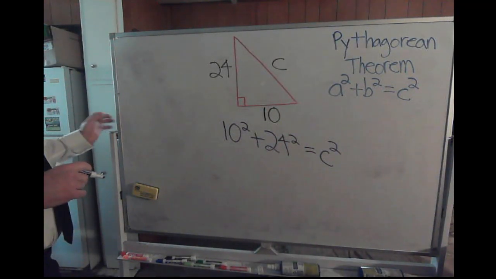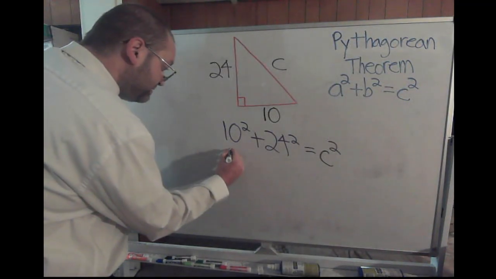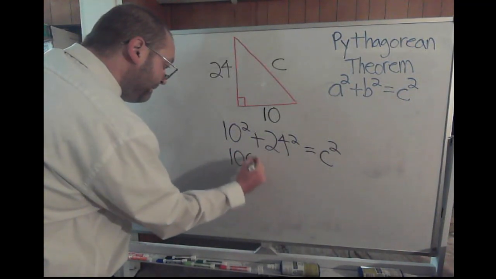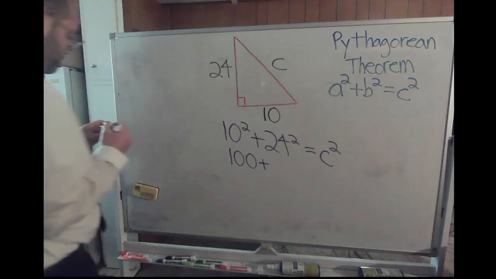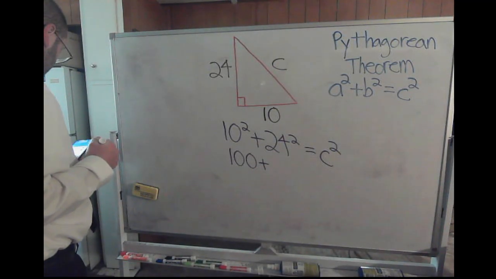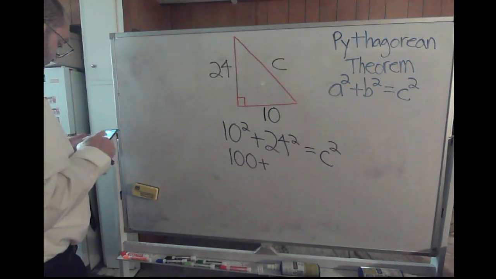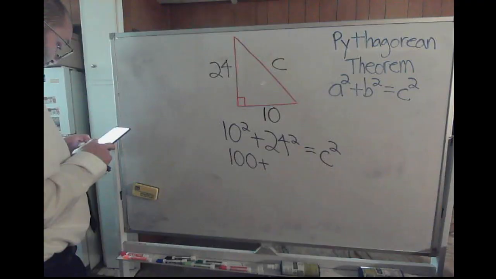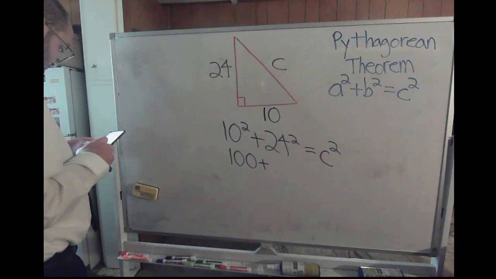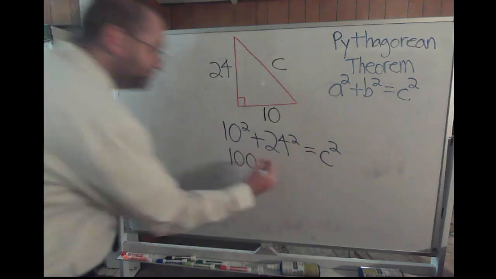Now, let's do the math here. 10 squared, well that's 100. Plus 24 squared, I have no idea what that is off the top of my head, so I'm going to have to get the calculator. Let's see here. 24 to the second power is 576.